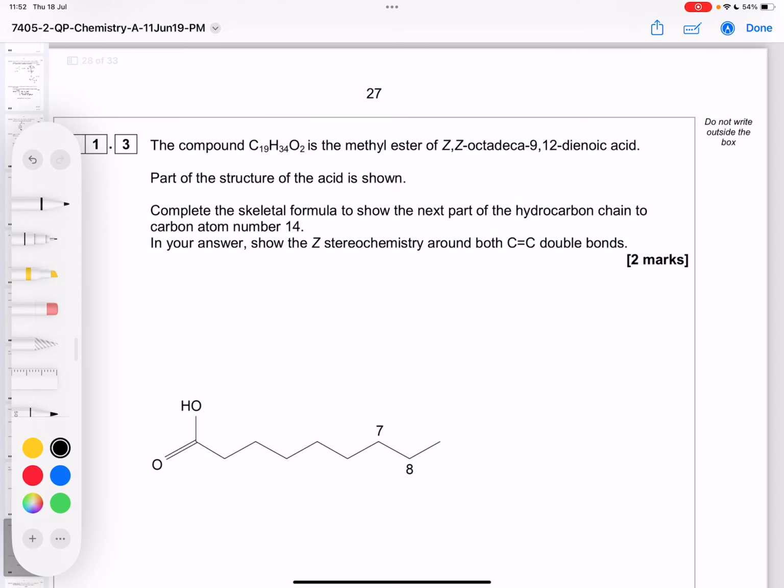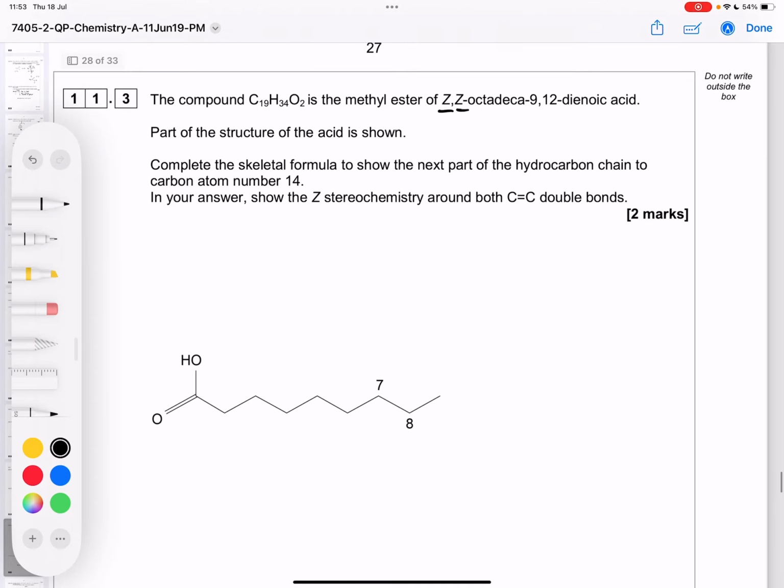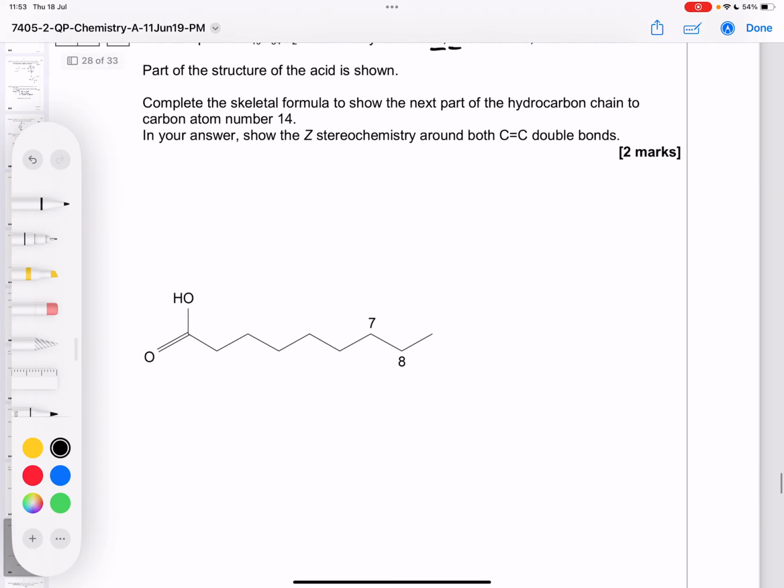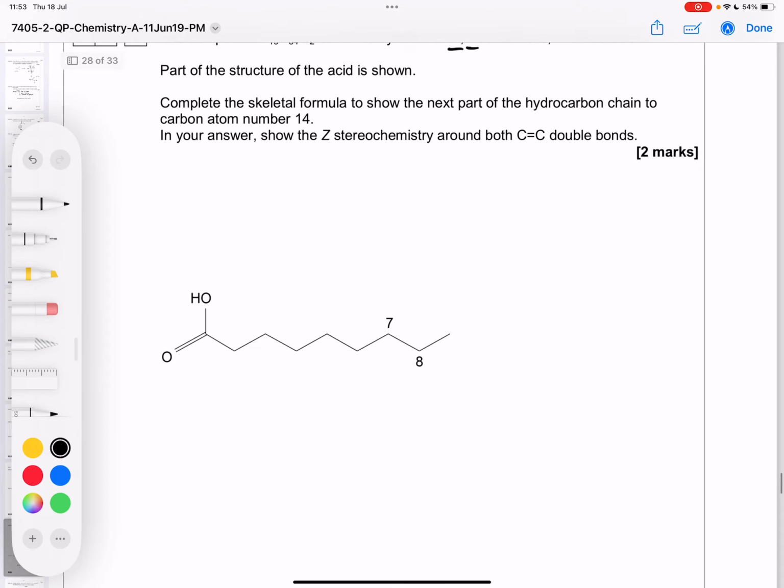The compound C19H34O2 is the methyl ester of ZZ, so same side, octadeca-9,12-dienoic acid. So we need to show the Z chemistry. So this is number 9. If my double bond were to come down from number 9, like this, then the next bit would have to come off on the same side.